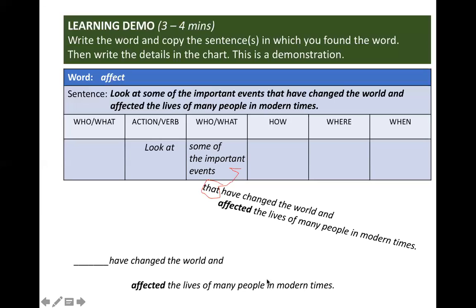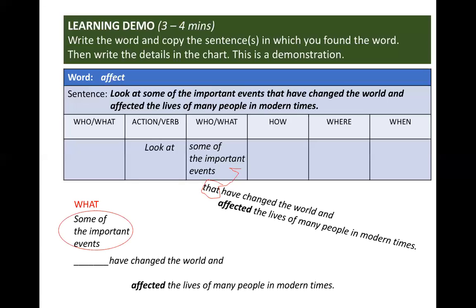Now, have changed the world, this is what we've got, have changed the world and affected the lives of many people in modern times. So the word that is replacing some of the important events. So the actual sentence that has been changed into a clause is some of the important events have changed the world and affected the lives of many people in modern times.